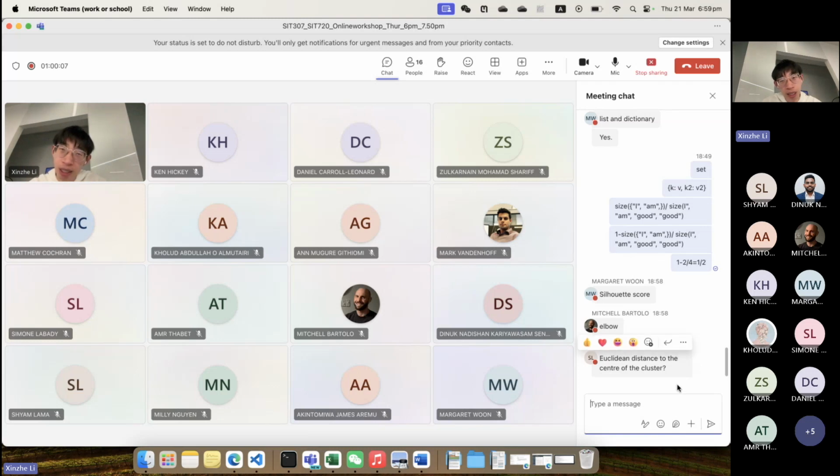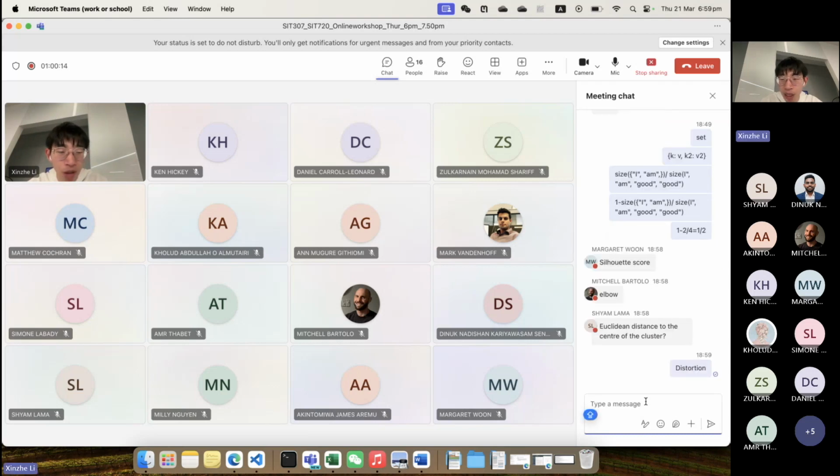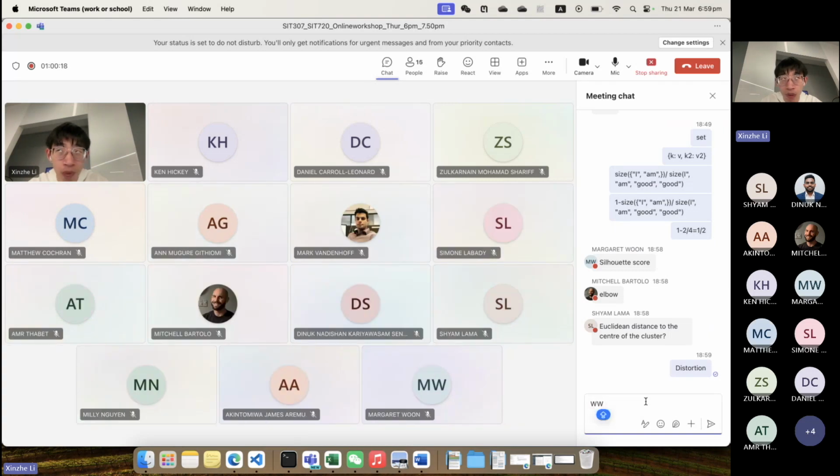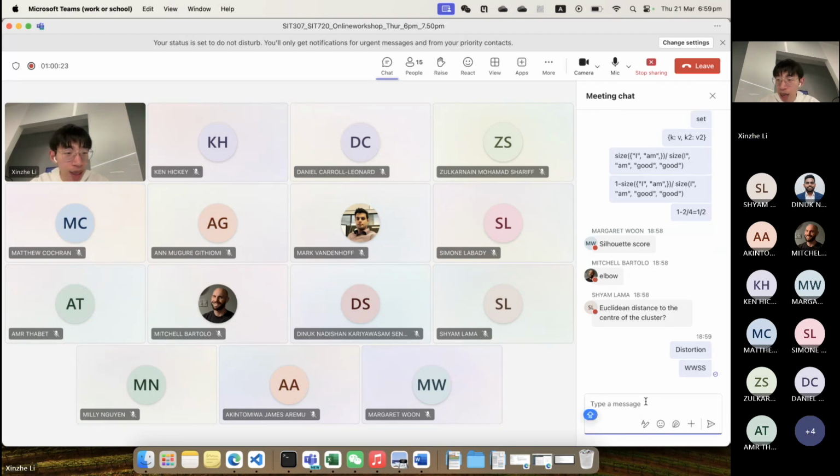Actually, there is a distance metric for distortion, sometimes they call it within cluster sum of squares, WCSS. This is completely your idea, the distance to the center of the cluster.